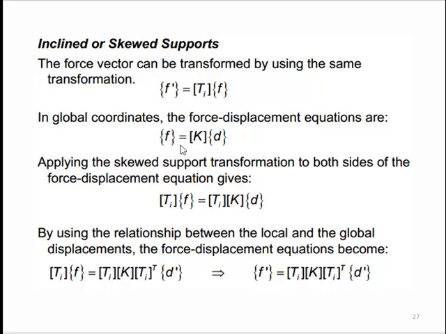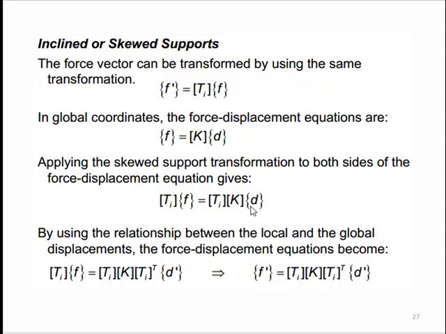In global coordinates, the force displacement equations are F is equal to KD. That's a simple basic relationship. So we apply the skew support transformation to both sides of the force displacement equations. We have considered this relationship, and we are multiplying it with Ti on both sides. So Ti F is equal to Ti K D. And by using the relationship between the local and the global displacements, the force displacement equations become: this side, Ti F, remains the same, and on the right side we have this Ti, the K is the same.